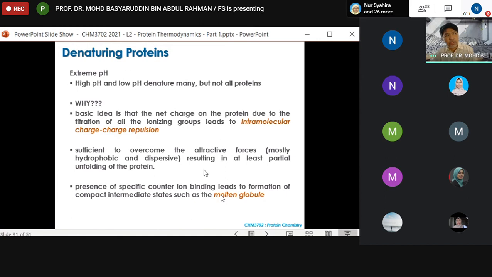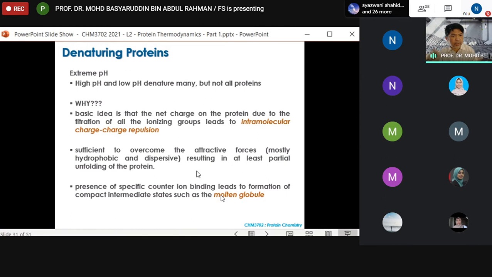So in a computer simulation, I also did mention that we can look at what happens in maybe up to a millisecond. We cannot see in one second or 1 minute, it is very costly when we talk about the computational time. So from there, the presence of a specific counter ion binding leads to formation of a compact intermediate state.